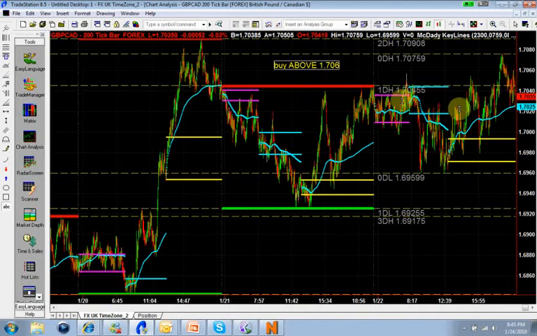Tell you what, we'll buy it above the 107.75, which is the high. We'll buy it above the 107.75. Okay, and we are going to put our stop, because this is the pound and it's weak. So we're going to give our stop.